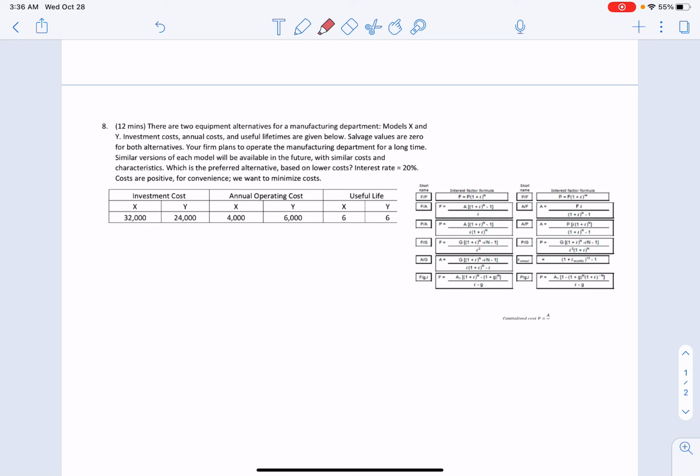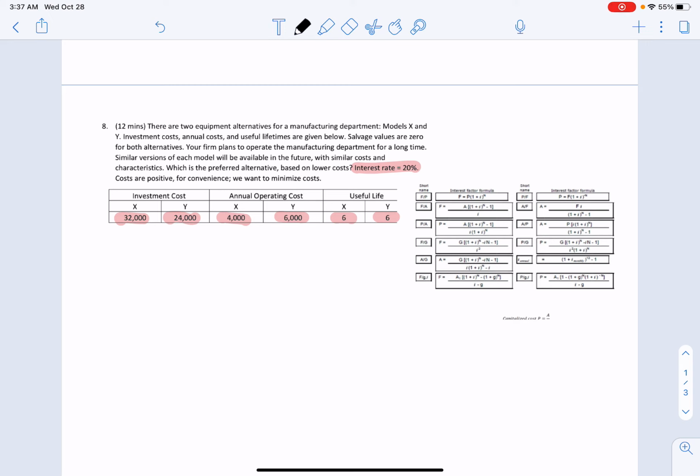Okay, so there's a lot of hints given. First, let me see what I'm given. We know my interest rate is 20%. We talked about useful life, which is our N value, and those are 6 for each. We've got our X annual, our Y annual, and we've got our investment cost for X and Y. You might ask yourself, what is investment cost?